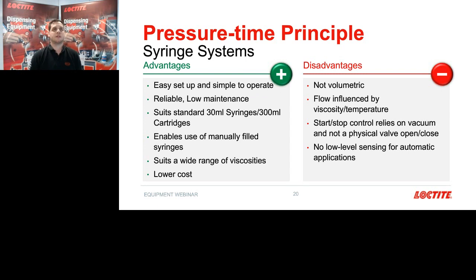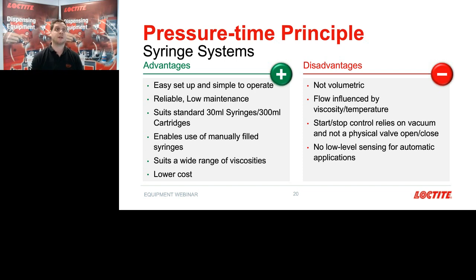So some of the advantages and disadvantages then of a syringe system. Again, these are very easy to set up, very simple to operate. As you can see from the video, simple pressing of the plus or minus and the Enter button confirms the settings and changes the settings, so it's nice and easy to use. These systems are very robust and reliable and used for industrial applications with very little maintenance.